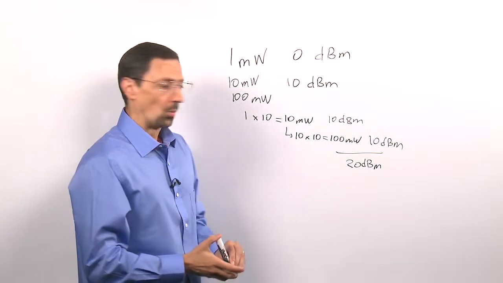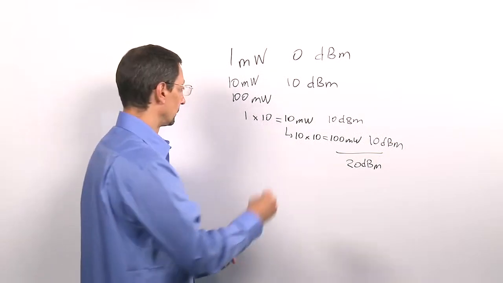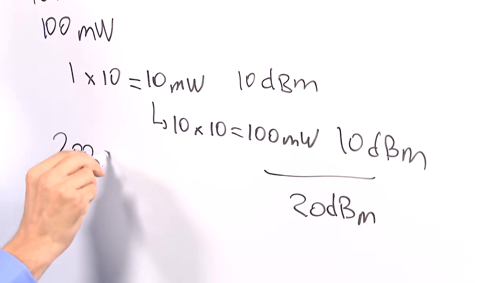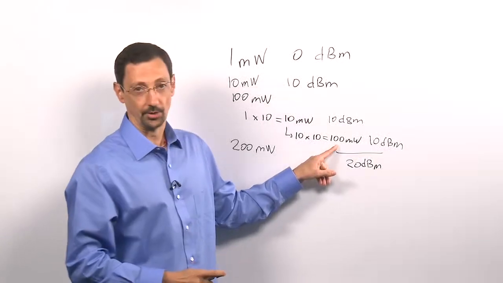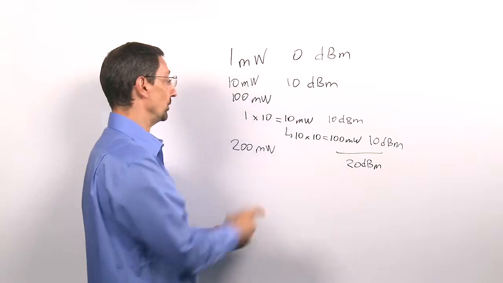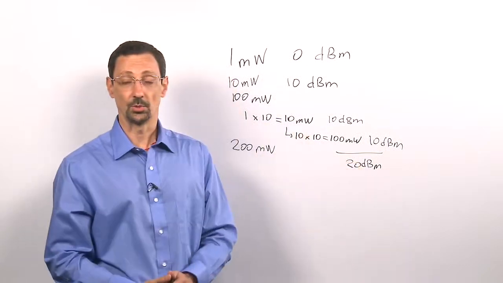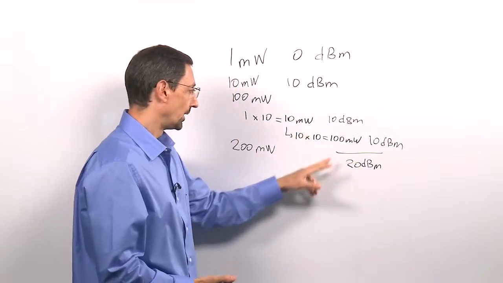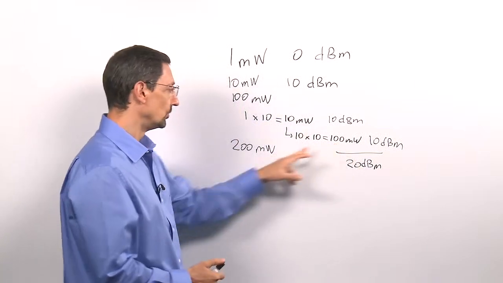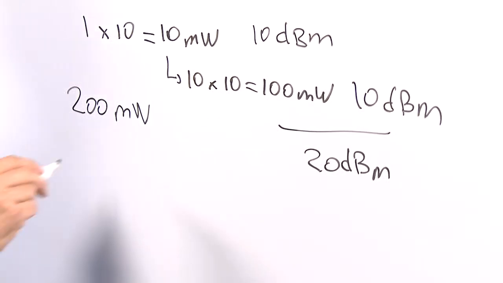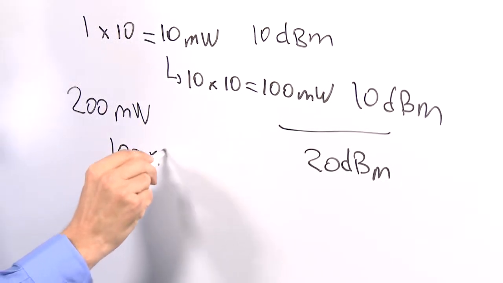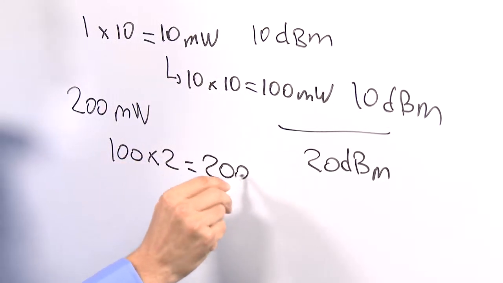Okay, so what about 200 milliwatts? So I don't need to restart from scratch, right? I'm already at 100 milliwatt, and I already know it's 20 dBm. From this 100 milliwatt, what I need to do to get to 200 milliwatt is 100 times 2 equals 200 milliwatts.